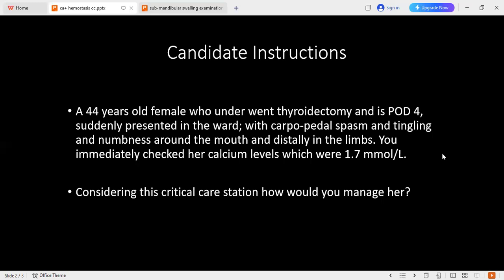Why do we need calcium in the body? It has multiple functions, like bone metabolism and formation, also smooth muscle, cardiac muscle and skeletal muscle contraction.